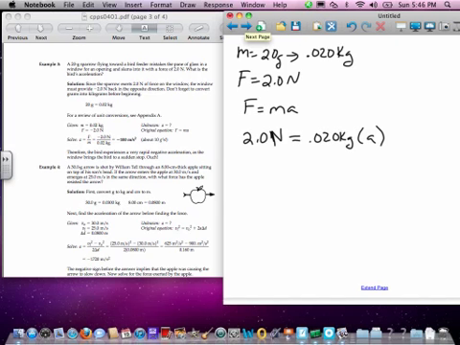And actually, as I look at this, we should write it's negative because the force is opposite the direction he's going. So here's the bird, runs into the window, negative 2 divided by 0.020, and we're going to end up with negative 100 meters per second squared.